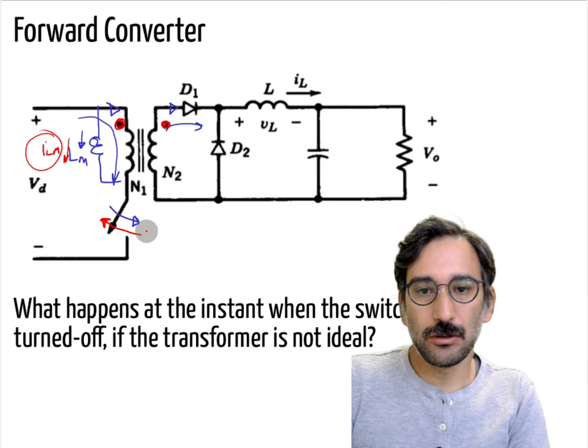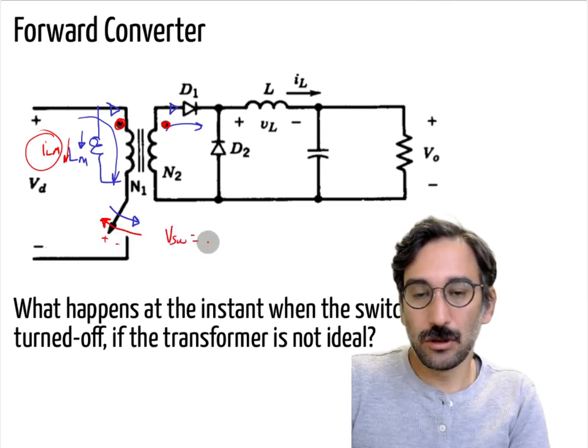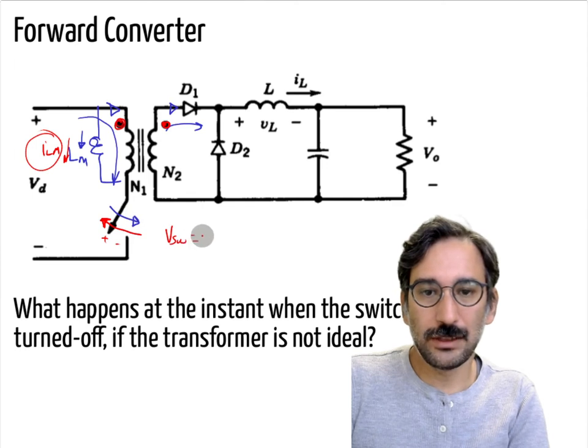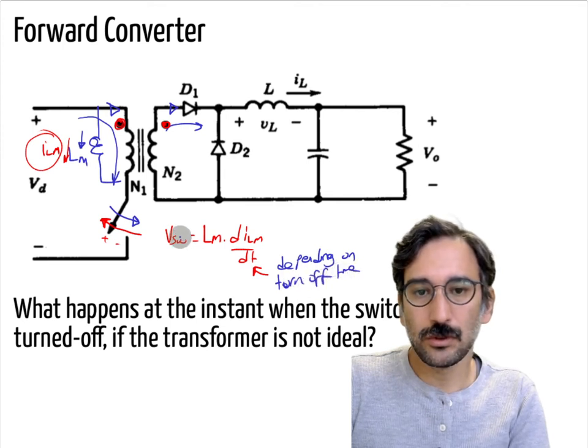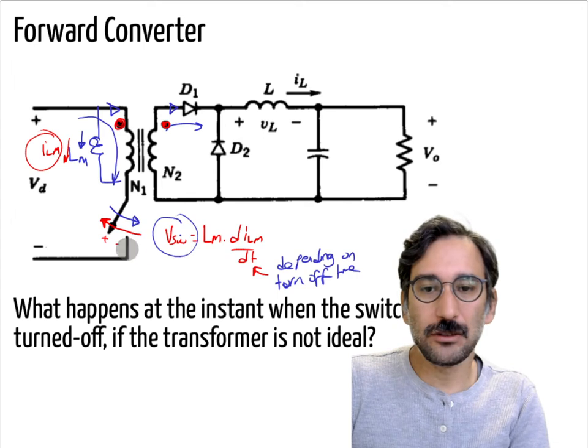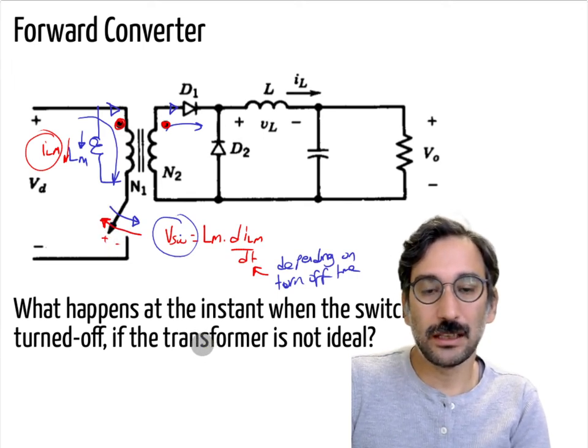and depending on your switch turn off speed, what you will have is LM times dILM over dt. So depending on the turn off time, this voltage can exceed, and you can destroy your MOSFET or any other switch.